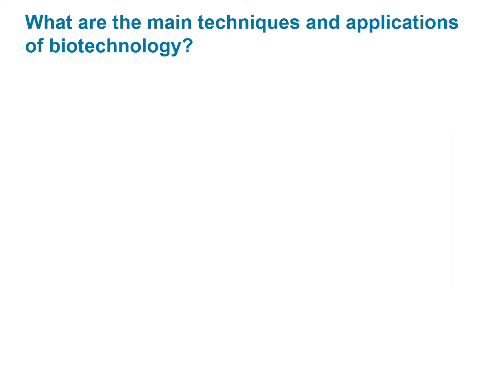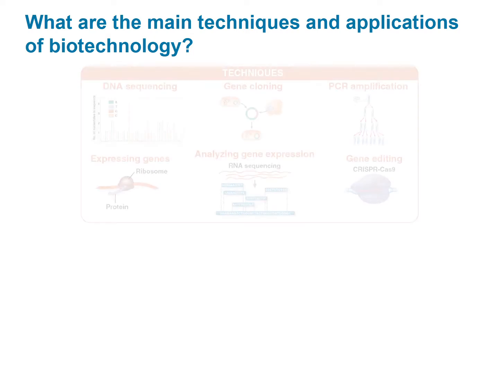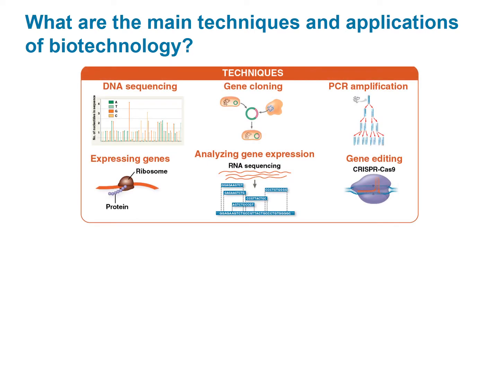Now, let's talk about an overview of really the main techniques and some applications of biotechnology. So they can be split into two things. Let's talk about the techniques first. Some techniques that scientists use in the field of biotechnology include DNA sequencing, and that's pretty self-explanatory.